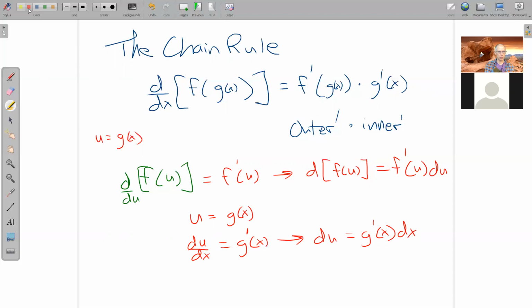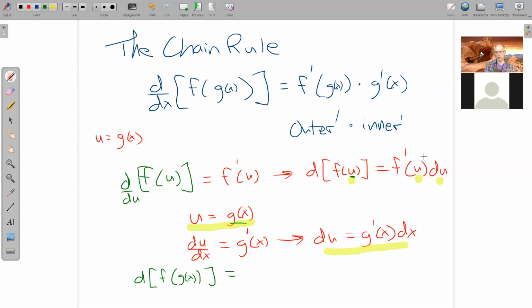And then we're just going to take our u equals g of x and our du equals g prime of x dx, and we're just going to substitute them back over there. So now I've got the derivative of f, and instead of u, I'm going to put back the g of x in there.